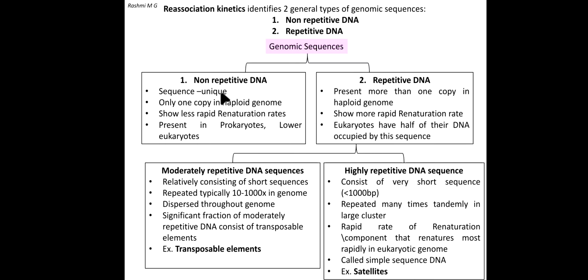The genomic sequence in DNA is classified into non-repetitive DNA and repetitive DNA; under repetitive, moderately repetitive and highly repetitive DNA sequences. Highly repetitive, for example satellite; moderately repetitive, for example transposable elements.